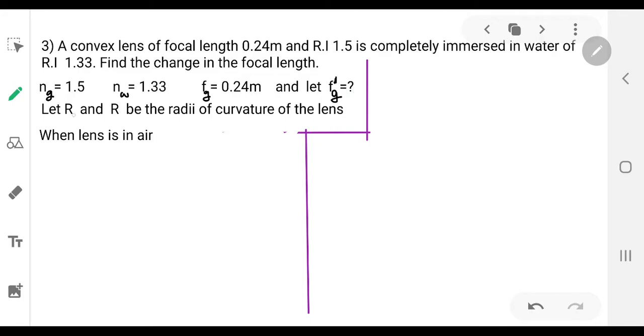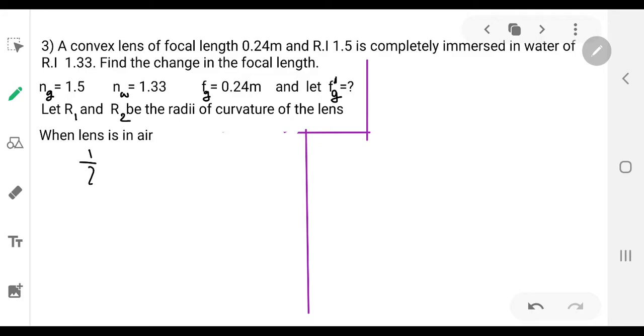Let R1 and R2 be the radii of curvature of the two surfaces. So when the lens is in air, which formula has to be used? The lens maker's formula.